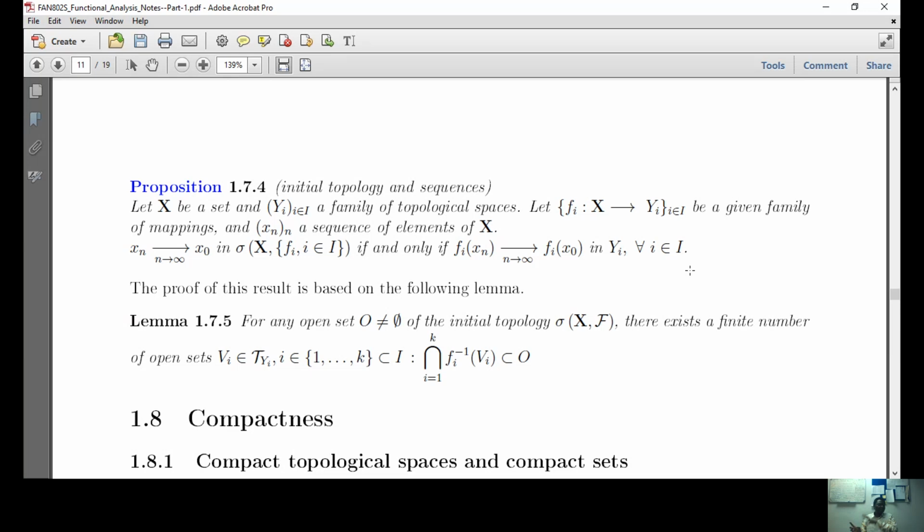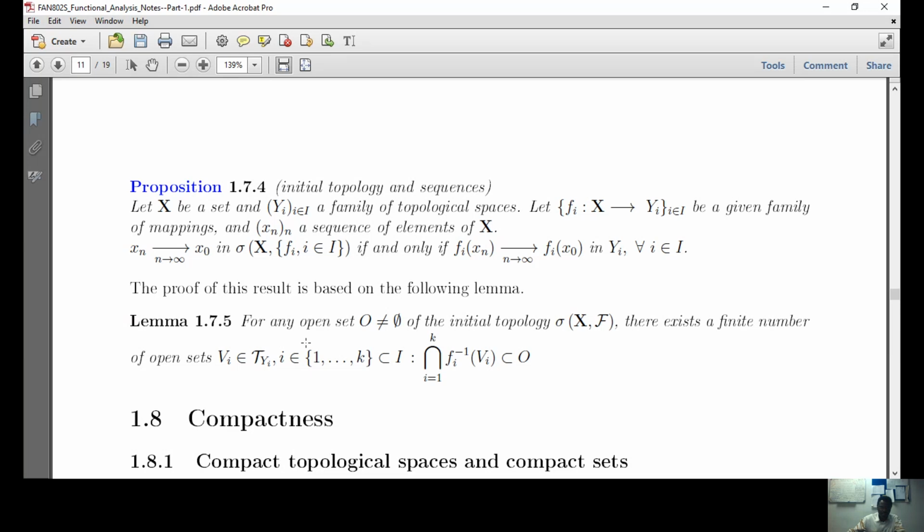If that is true, it means that x sub n will converge to x0 for the initial topology. And if x sub n converges to x0 for the initial topology, it also implies that all the images by f sub i of x sub n will converge to f sub i of x0.